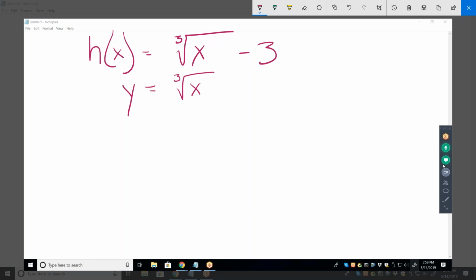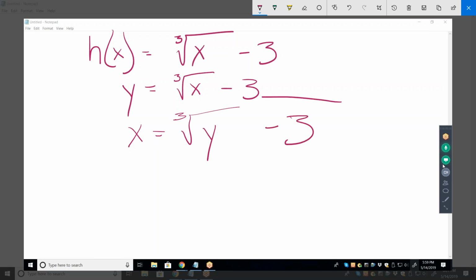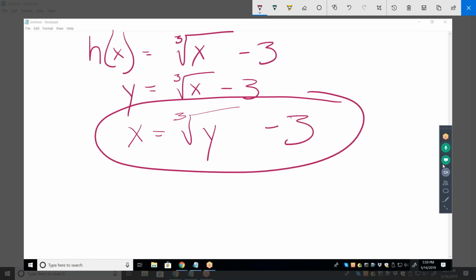That's the first step: make it in terms of x and y. Second step is you switch y and x, switch the variables. Third step, you solve for y, and that will be the inverse.